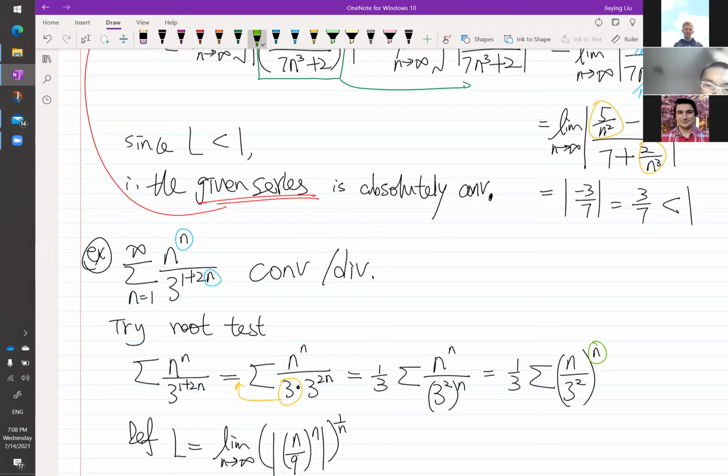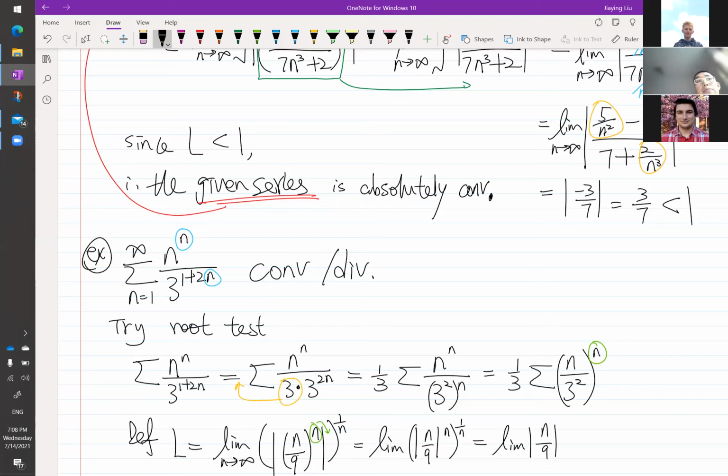Now in the next step, I'm going to move the exponent outside of the absolute value. So that becomes the limit of the absolute value of n over 9 raised to the n, and outside we have an nth root, 1 over n. Then that becomes the limit of the absolute value of n over 9.